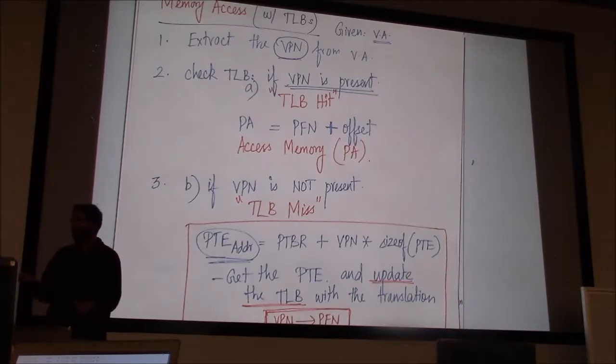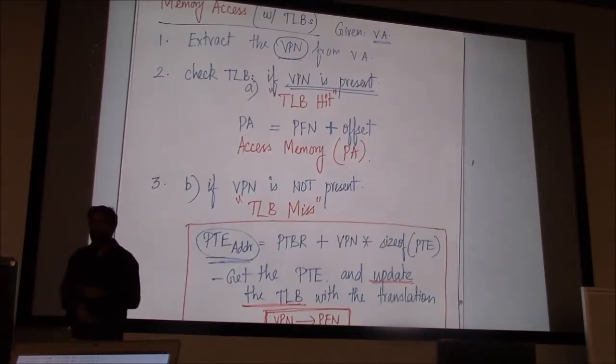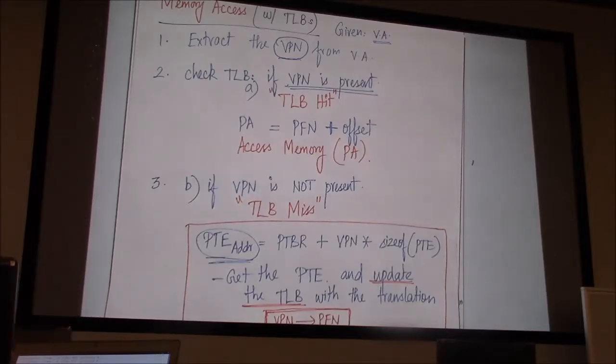Very similar to whatever we saw with a system call, it just raises a trap. It just traps into the operating system. And that is what we are going to see next. So I think we can take a break right now. And after the break, we'll see what happens when this TLB is managed by the operating system.